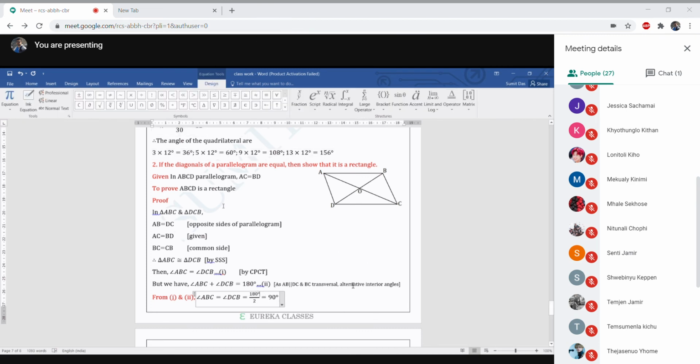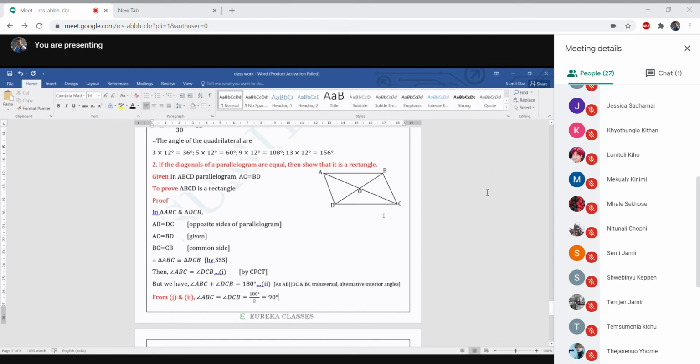So in a parallelogram, if one angle is 90, that means this is a rectangle, right?